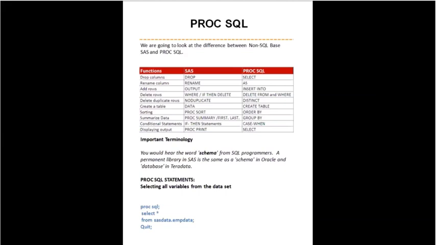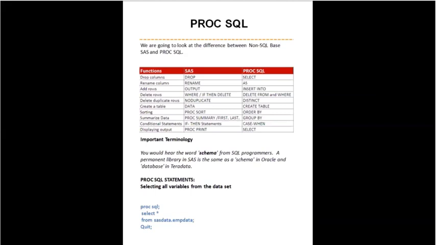A dataset or a table can be called a schema. Basically, if you have a reference to a permanent library, that is your schema, and inside that schema you'll have your tables or your data sets. Like a database in Teradata is called a schema. In Oracle, you basically refer to the database as a schema.